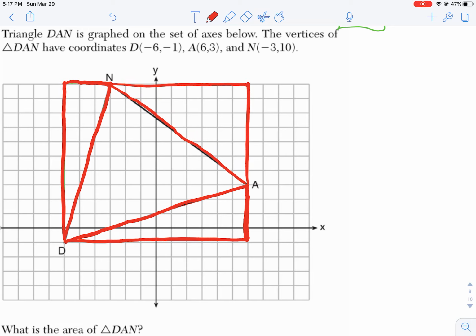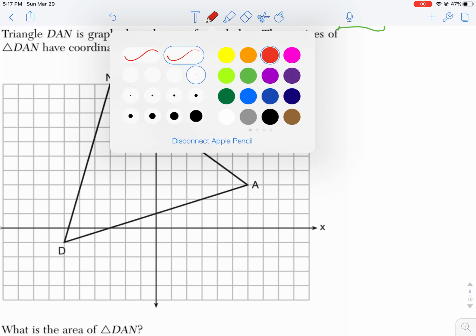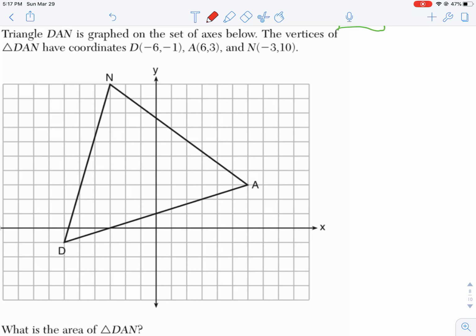Okay, why did I just draw those in there? Well, if you look, it appears that we have, is this a square or rectangle? 1, 2, 3, 4, 5, 6, 7, 8, 9, 10, 11. 1, 2, 3, 4, 5, 6, 7, 8, 9, 10, 11, 12. So this is 11, and this is 12. So what we just did was we created ourselves a nice rectangle. Okay? So, let me just draw this in a little nicer for you guys.